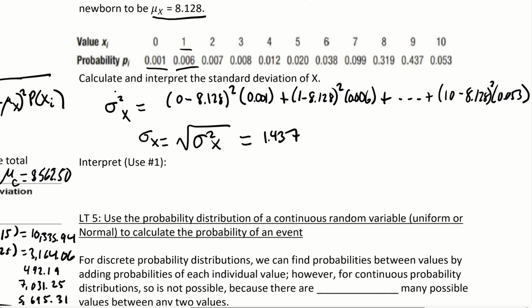All right, so then we'll just interpret it, right? So then all we have to do now is, and by the way, that's what we got. So we're going to use interpretation number 1.